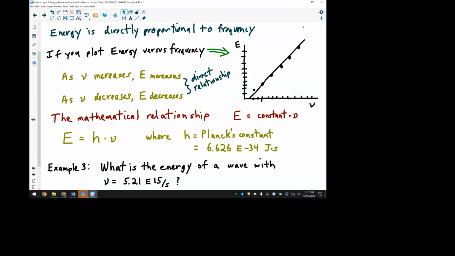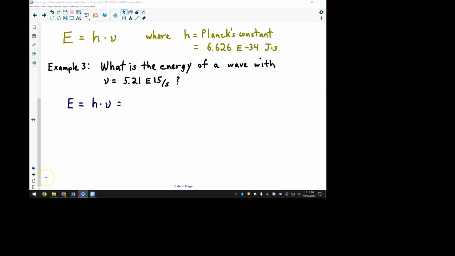And so now we're going to scroll down here in a sec, and we are going to go over a sample problem. Okay, so here's our sample problem. What is the energy of a wave with frequency of 5.21 times 10 to the 15th per second? And that's how you would say it. So again, I'm looking at this.